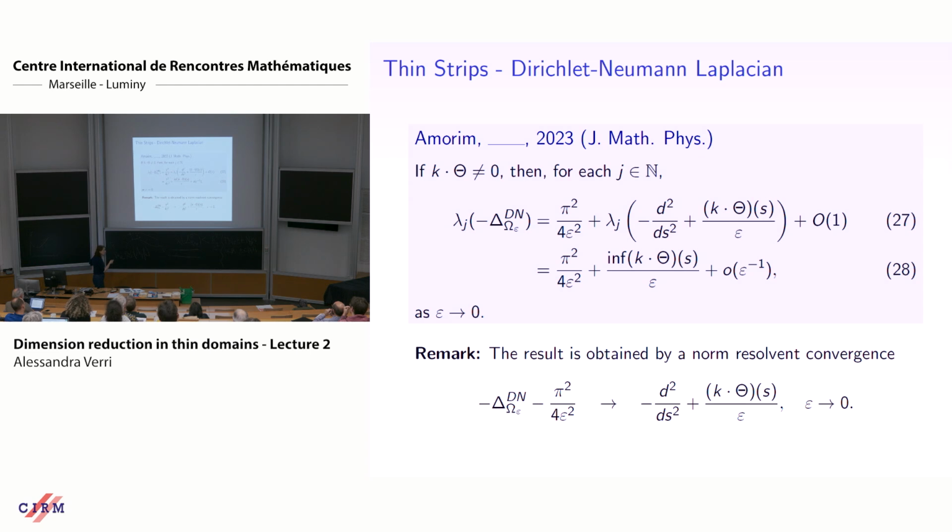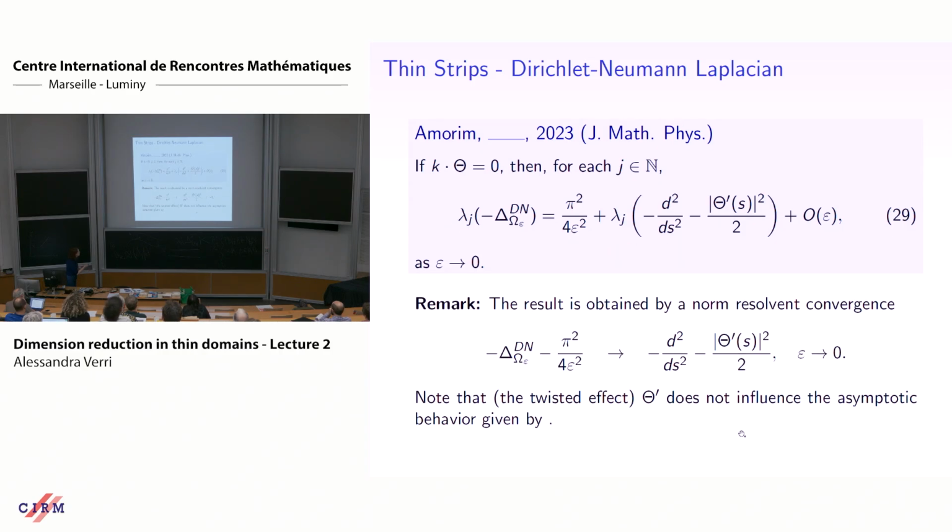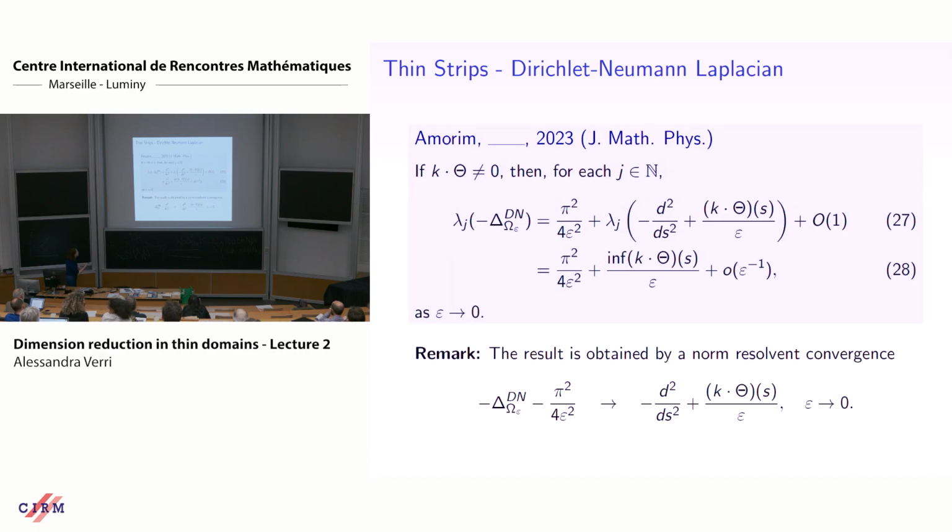And then, as before in the planar case, if k theta assumes a negative value at some point, we can assure the existence of discrete eigenvalues.